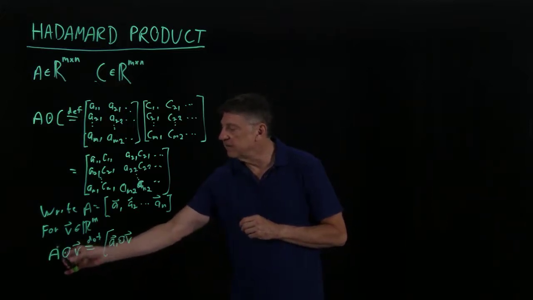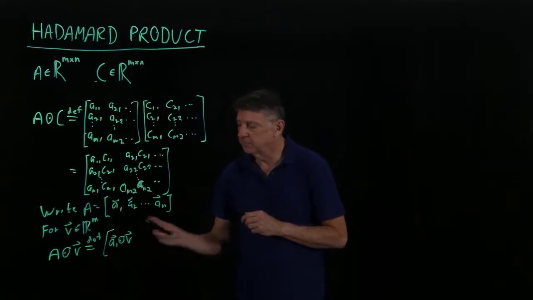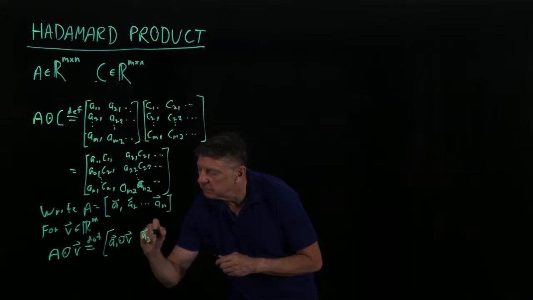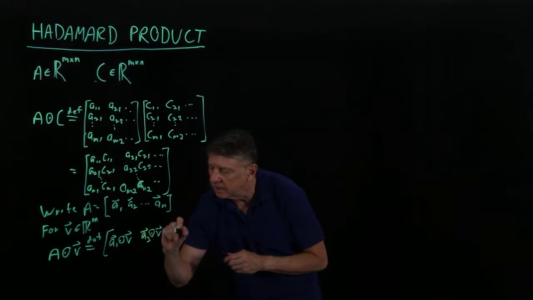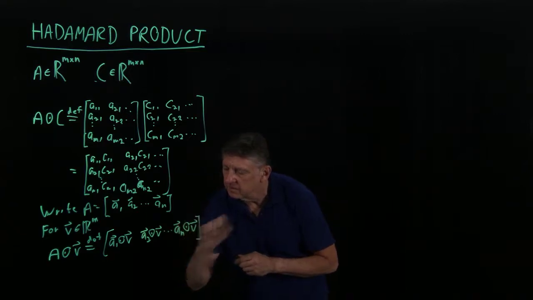The dot times of a matrix and a vector is the dot times of the vector with the first column, the dot times of the vector with the second column of our matrix, and so on until we have written all of the columns.